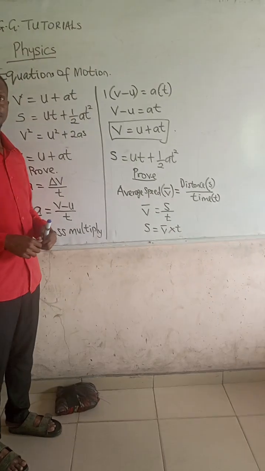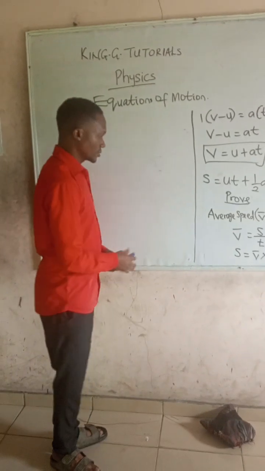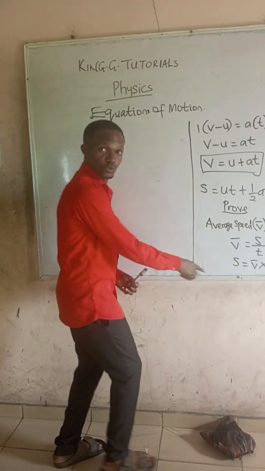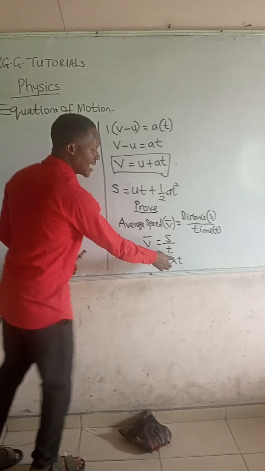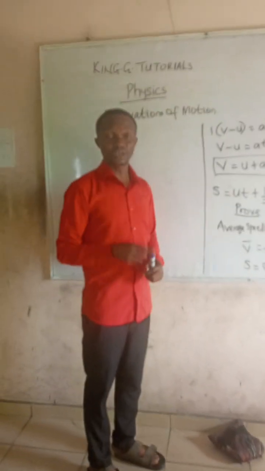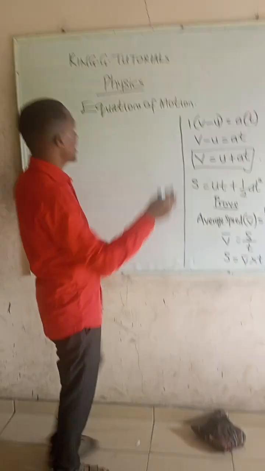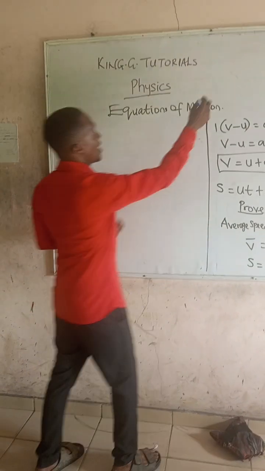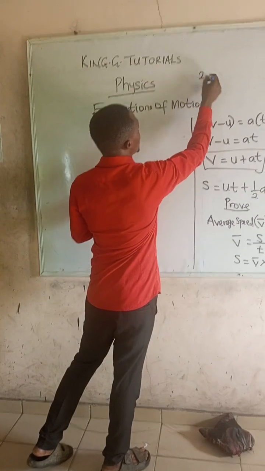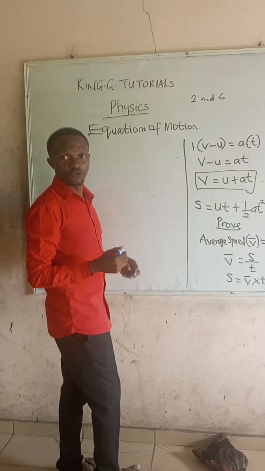So we have S equal to average speed times T. Now, when it comes to the average of two numbers, let's assume you are asked to find the average of 2 and 6. What do I do for the average?